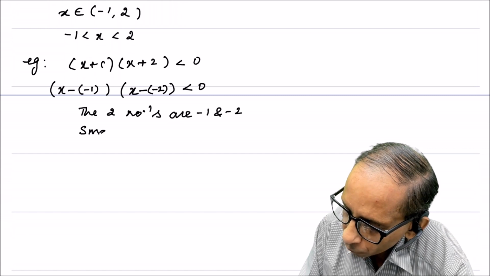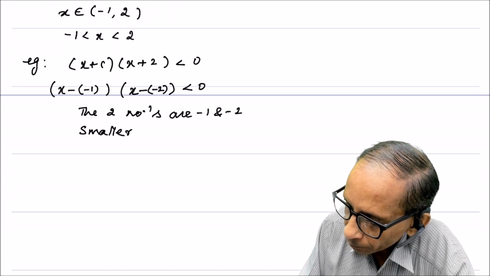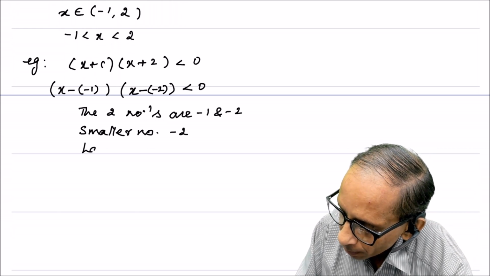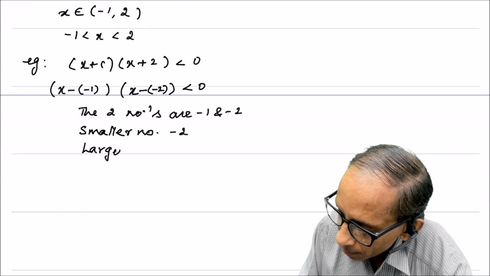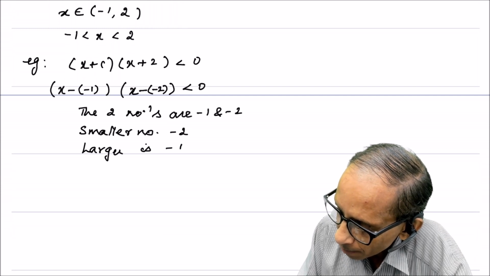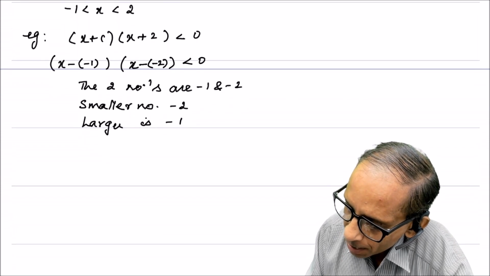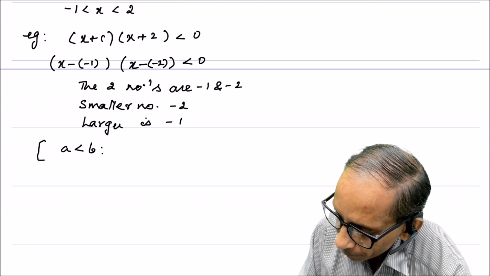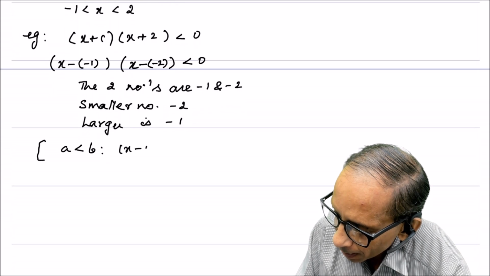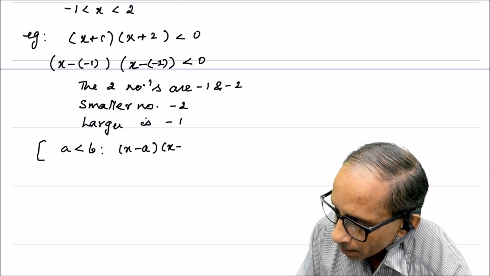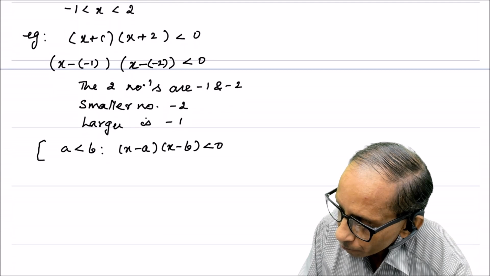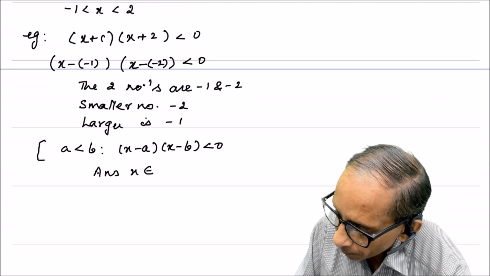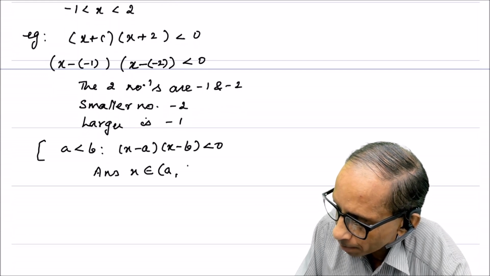The smaller number out of them is minus 2 and the larger is minus 1. And what we have seen is that if we have a less than b and x minus a, x minus b is less than 0, then the answer is x belongs to the interval starting from the smaller number to the larger.